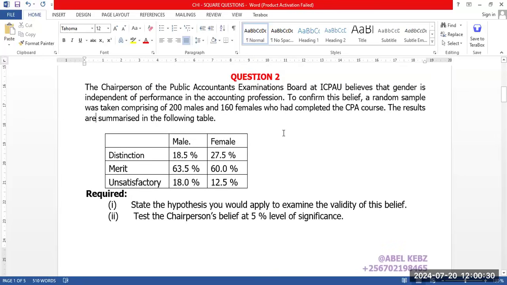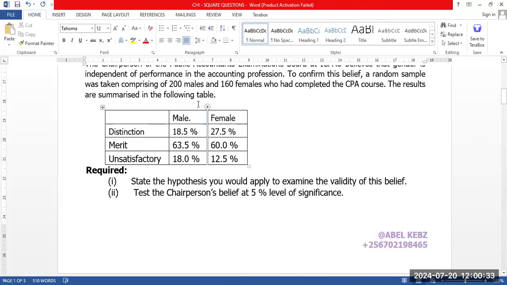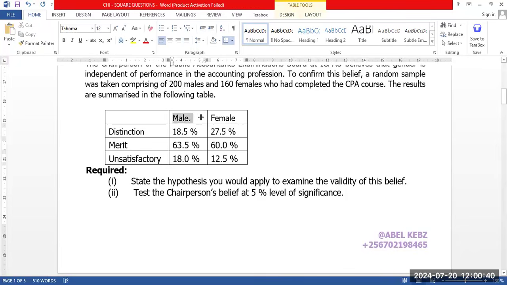The CPA course. So here, this is our results. This is our data. You have male, you have female, but the data you have, colleagues, is in percentage form. Remember, we are always interested in numbers, in values, not percentages. Are we together?